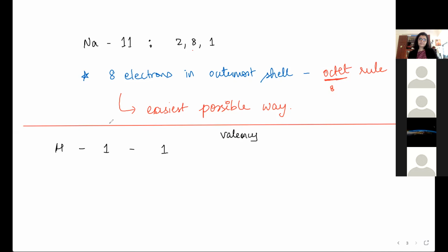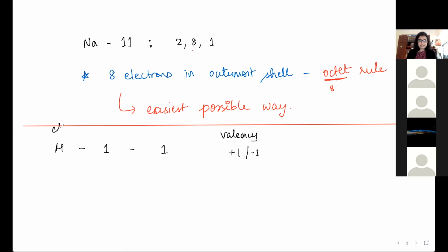Ma'am, 1 plus. Plus 1. So hydrogen can show usually either +1 or -1. Like when it bonds with other non-metals, it shares electrons, it kind of gains. In some cases, it will lose that only electron also to have 0. So hydrogen is weird that way. It can swing both ways.